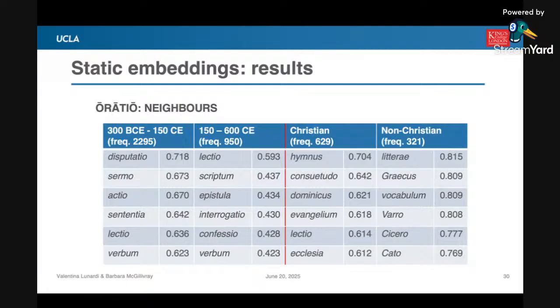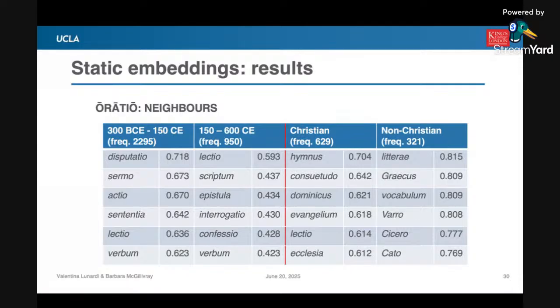We're starting embeddings, which is oratio. So we've got something slightly different here. I think for the first time slice, we have, again, associations with speech, perhaps something to do with legal action, something of that kind.